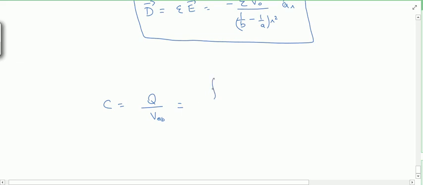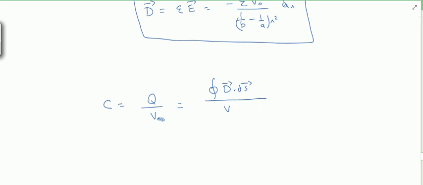From Gauss law, you know that D dot ds is equals to Q. Flux crossing through a surface will be equals to the charge enclosed. So D dot ds equals to Q. So in place of Q I can write this D dot ds, and in place of V_AB I can write the expression of V, or I can write simply it was V_AB, so V_A minus V_B.